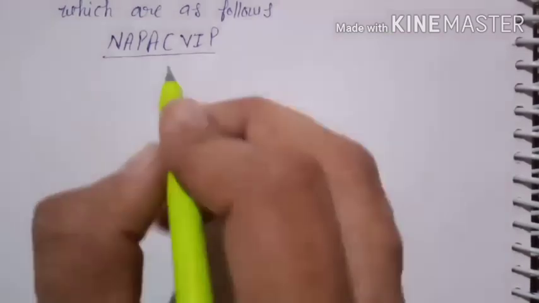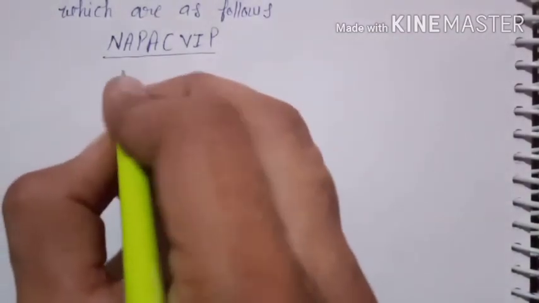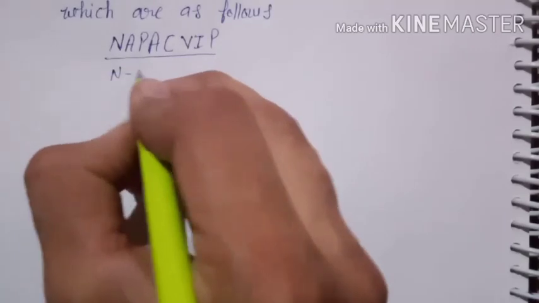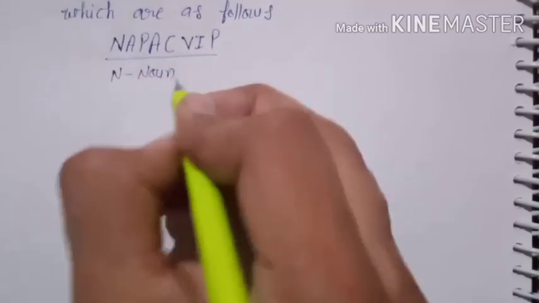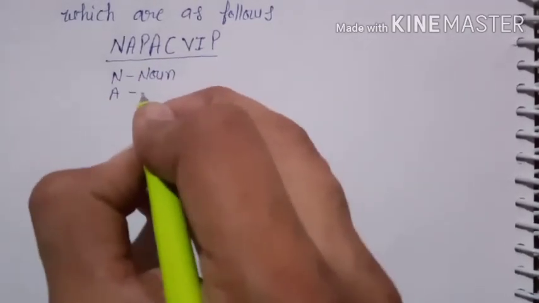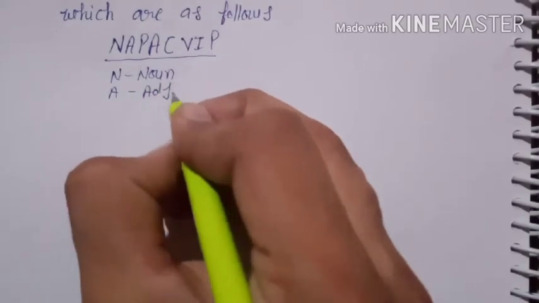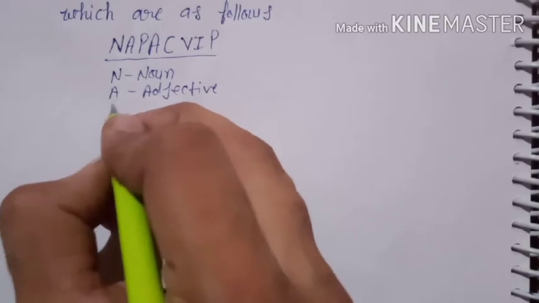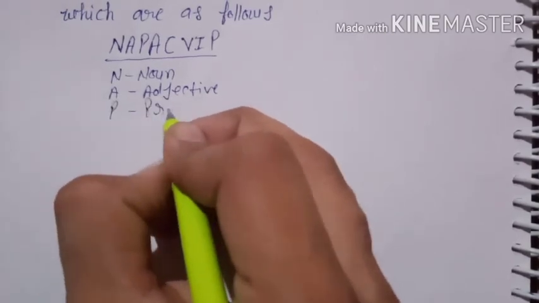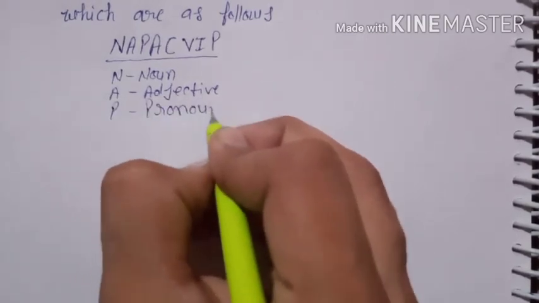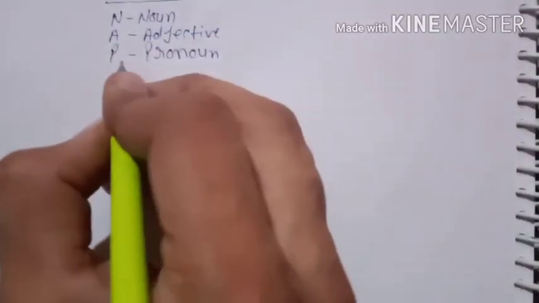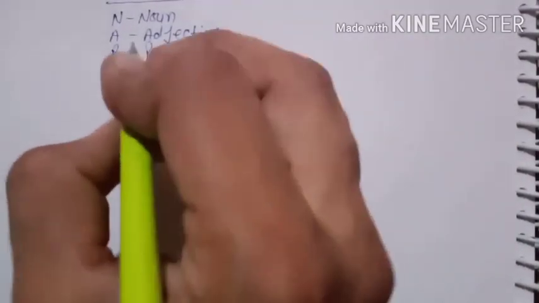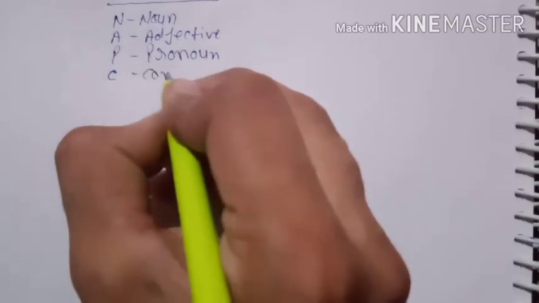Now we will expand. N stands for noun. A stands for adjective. P stands for pronoun. C stands for conjunction.